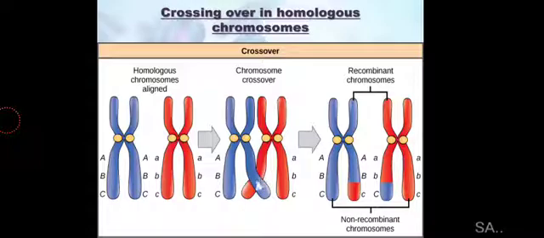This point where they overlap is termed the chiasma or chiasmata. Now after crossing over, when they separate in the diakinesis stage, what happens? They are recombinant chromatids of the homologous chromosomes, and this is the non-recombinant chromatid.